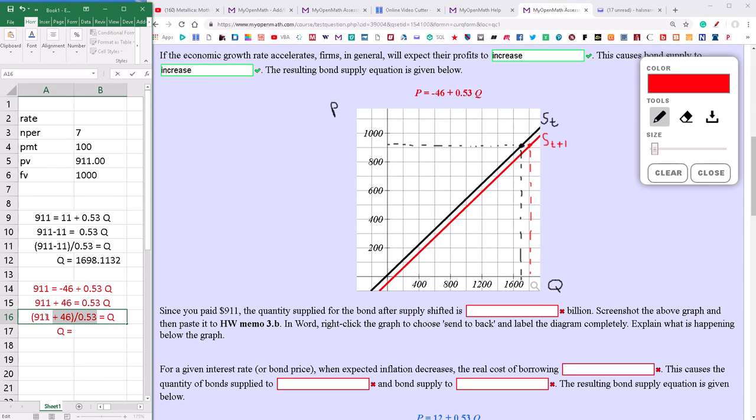And then I'll just copy this and paste it down here with an equal sign. And our new quantity is 1806 to 2 decimal places.